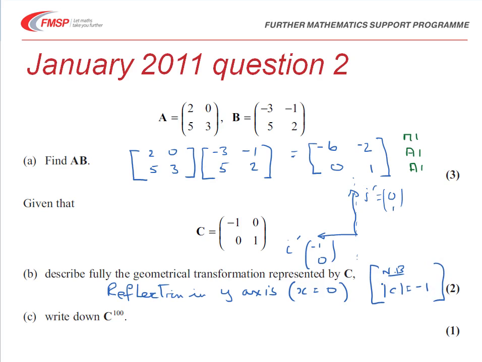Well, of course, if it's a reflection, then for the last part of the question, it's just that idea that if you perform a reflection twice, you get the identity matrix, so I can write down that C squared must be equal to 1, 0, 0, 1, the identity, and of course C100 must be equal to C squared to the power 50. It is only a write down, so you don't need this explanation, so the answer is also the identity matrix.